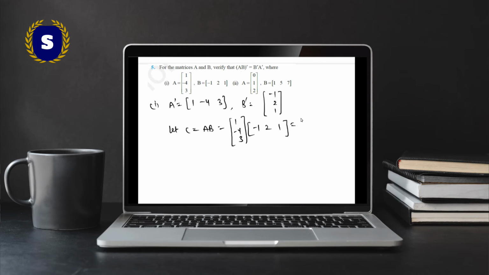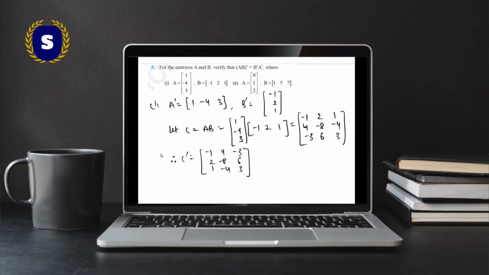We'll get minus 1, 2, 1, then 4, minus 8, minus 4, then minus 3, 6 and 3. Therefore, C transpose is equal to the transpose of this calculated matrix, which comes out to be minus 1, 2, 1, 4, minus 8, minus 4, minus 3, 6 and 3.